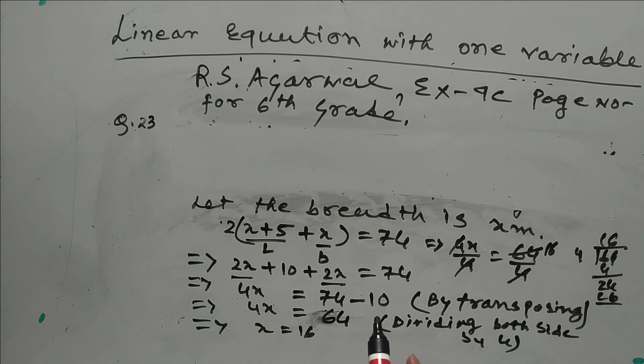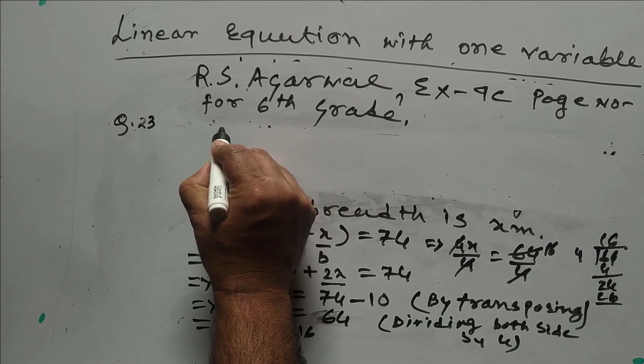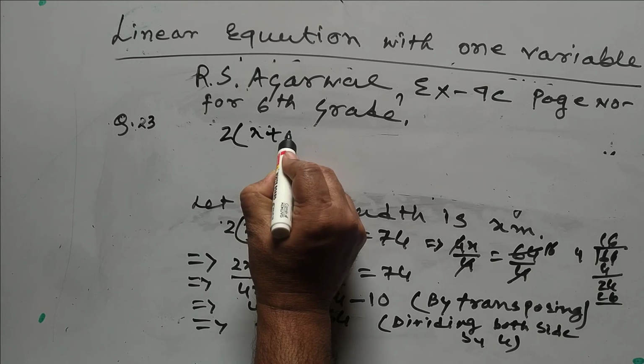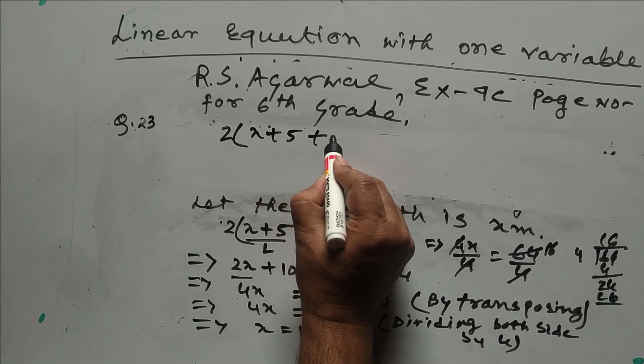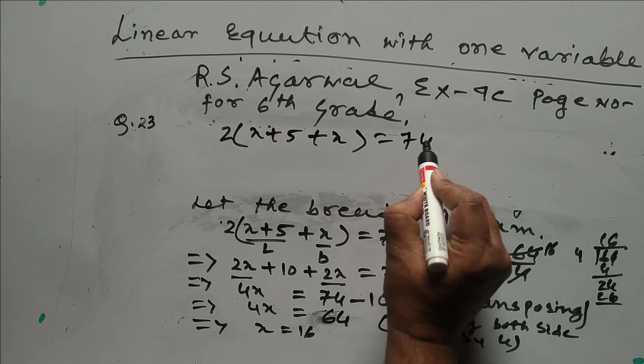So what is the length? Length is, I am replacing the value of x. Here it is 2x plus 5 plus x equals 74.